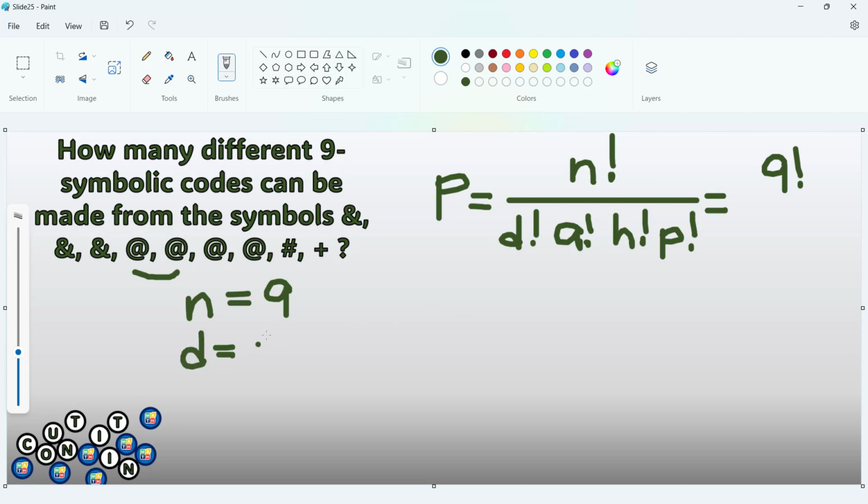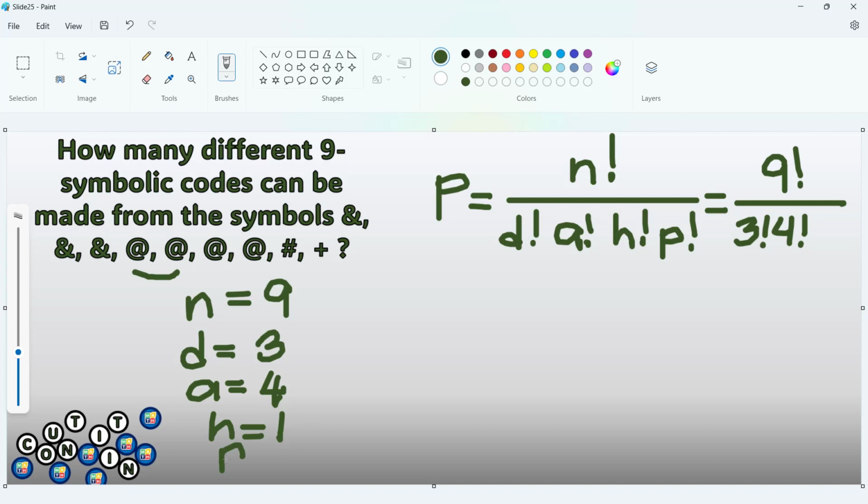We have 3 of them, which would mean your formula here will be divided by 3 factorial. Your @, your letter A, we have 4 of them, so that's 4 factorial, to be followed with our h or hashtag. We have 1, and we have another for our plus sign. We also have 1. This will be disregarded, but just to complete the formula, we have here times 1 factorial times 1 factorial.